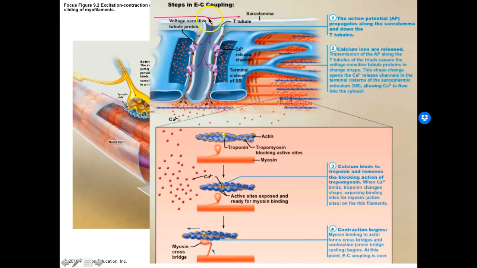Again, we're going to get our impulse being sent through, okay? And then we get our calcium that's released from our sarcoplasmic reticulum. Sorry, I think I said calcium into the T tubules.